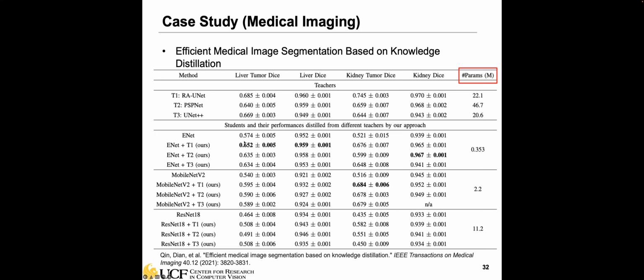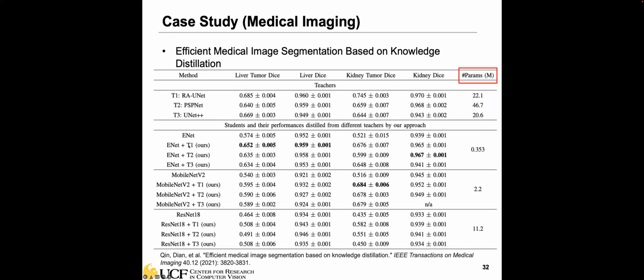This is the performance for ENet, just the student network without KD. This is the segmentation performance. If you compare with T1, the first teacher network, there's a significant gap in segmentation performance, from 0.685 to only 0.574 in terms of the DICE score. There's a significant gap because of the model capacity, from 22 million to only 0.35 million.